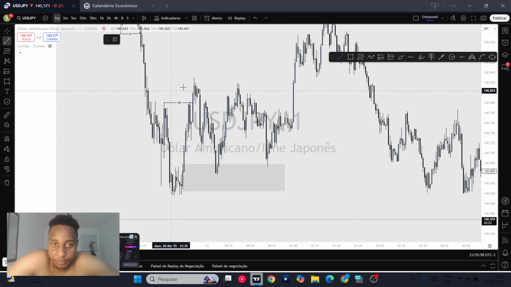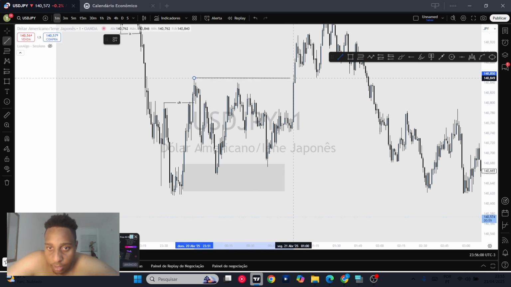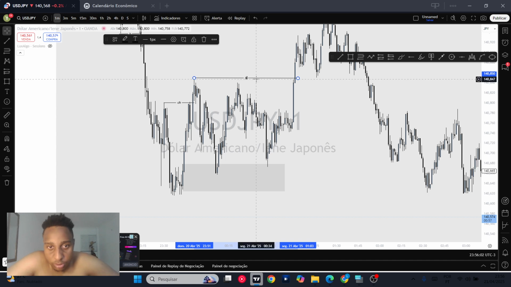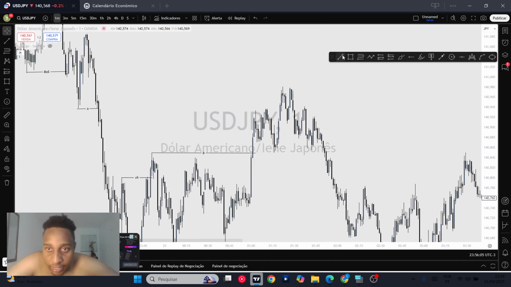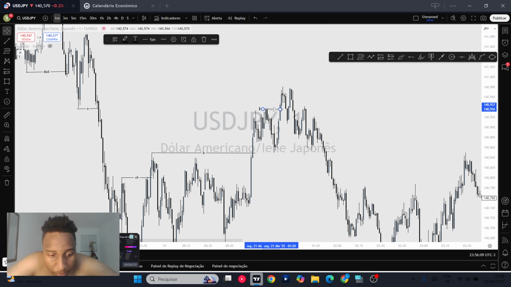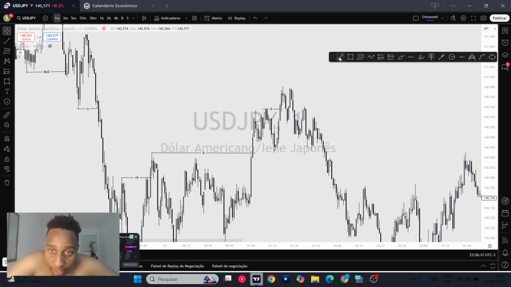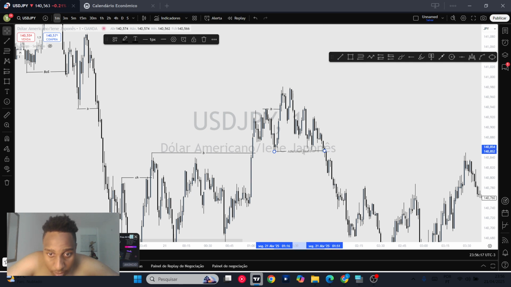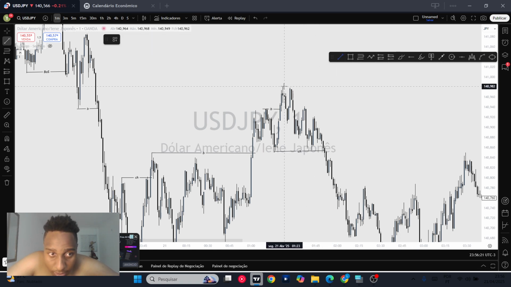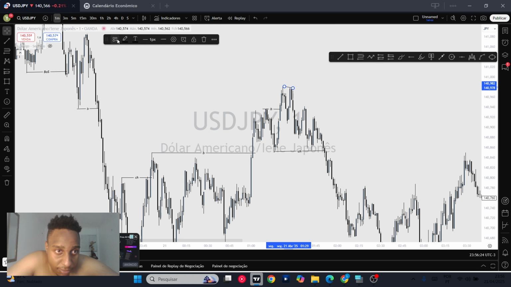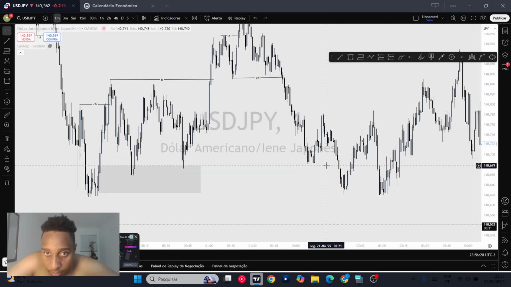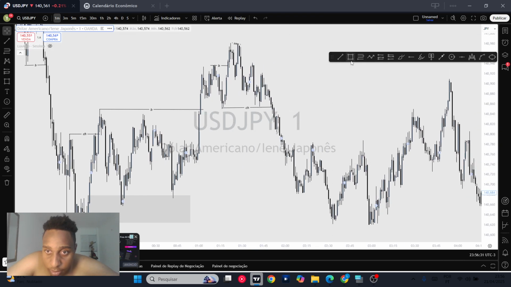And then broke structure, BOS, and then price simply came up here, broke structure again, BOS, and then price broke this low right here, CHoCH. Obviously, after creating this SMS right here, shifting market structure, price confirmed this and made all this zone right here become valid.